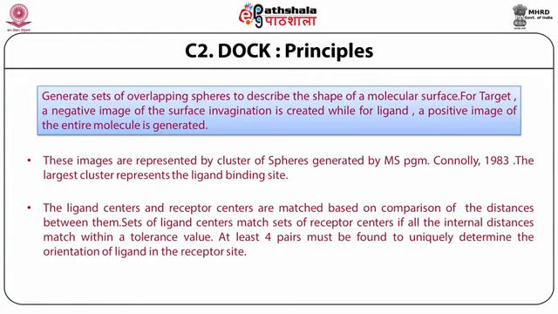At least 4 pairs must be found uniquely, so that the stereochemical geometry is retained in the ligand and receptor binding.